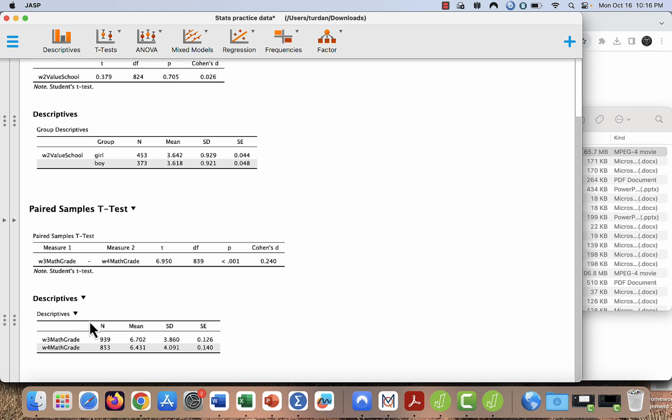Now, something over here that's worth noting is that the sample size changed. This is the same group, but not everybody that we got in the first semester participated in the second semester. So I'm not really comparing apples to apples here because we lost some people, and I want to make sure I'm comparing the same people at each time point.